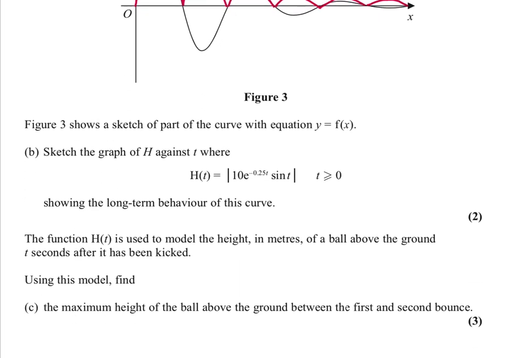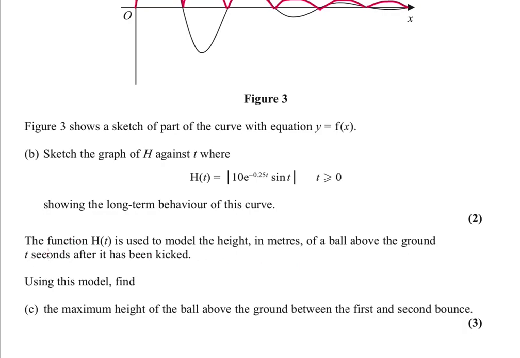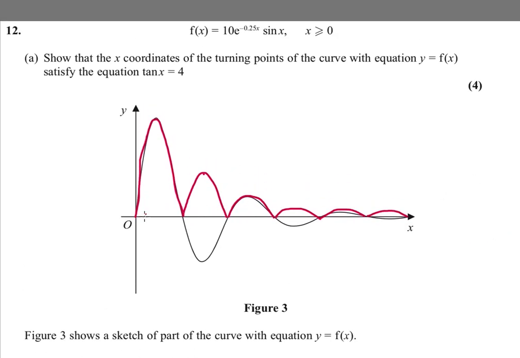Okay, part C then says using this model, so we've got h(t) now being used to model the height of a ball being kicked from the ground. So you can kind of imagine the ball being kicked from the ground and bouncing up in the air, but each time it bounces, it doesn't bounce as high as the previous time.